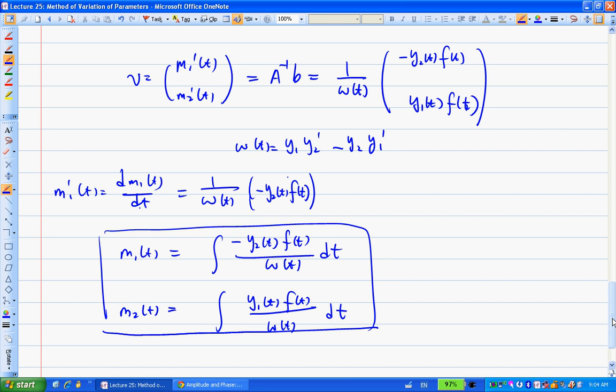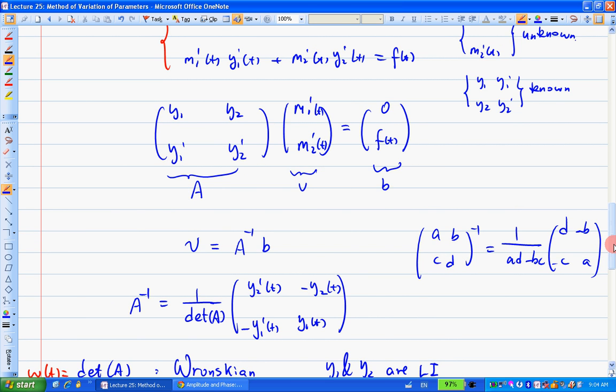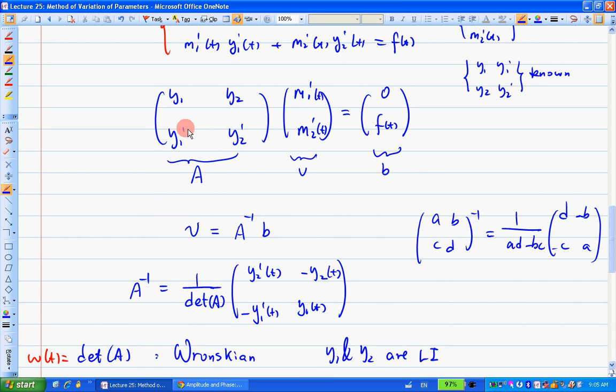But before you use these formulas, you have to calculate W(t), which is this quantity, the determinant of this matrix. On my final exam, normally I'll give you this formula. I don't remember if I gave you this matrix or not. I think you need to know this matrix, the Wronskian.